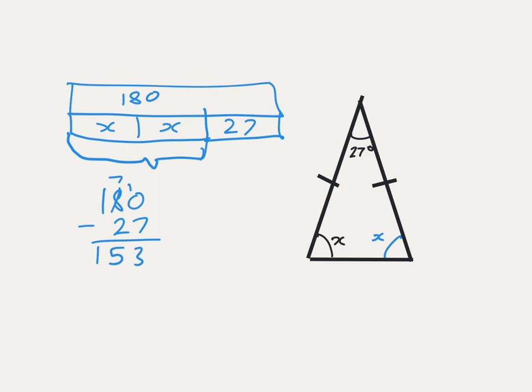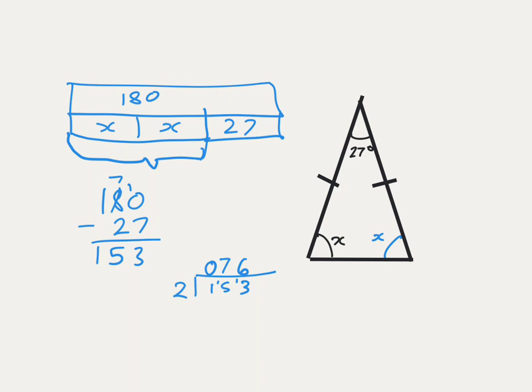153 is the same as this one and this one added up together. So now I have to divide it by 2. So I have 153 divided by 2. 2 into 1 won't go, so I borrow it over. 2 into 15 is 7, remainder 1. 2 into 13 is 6, remainder 1.